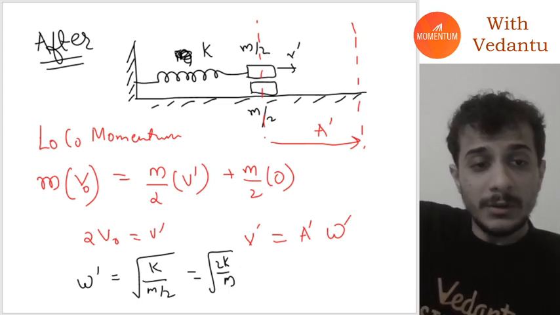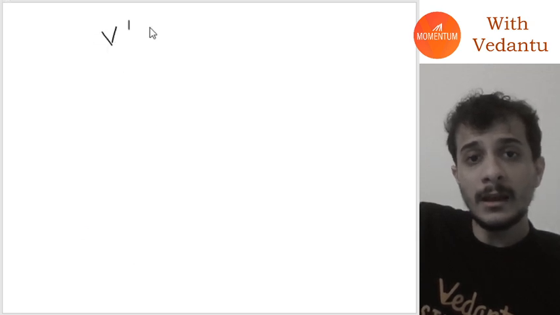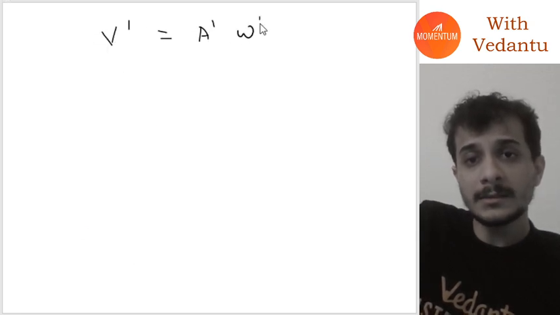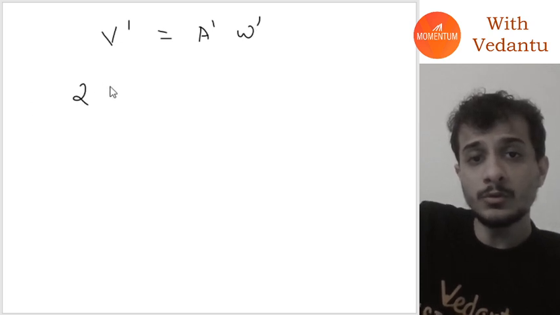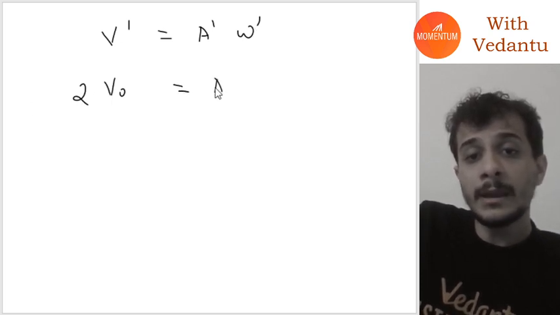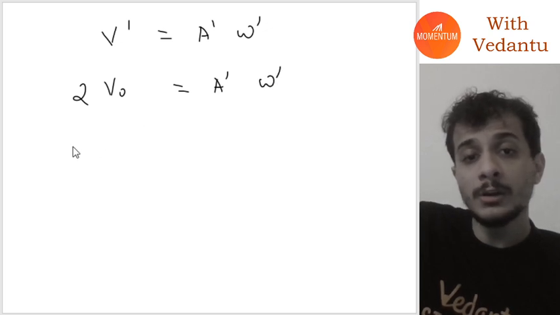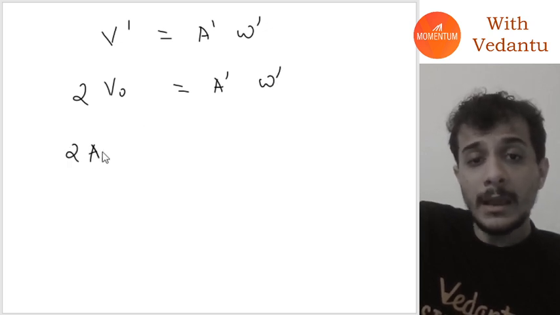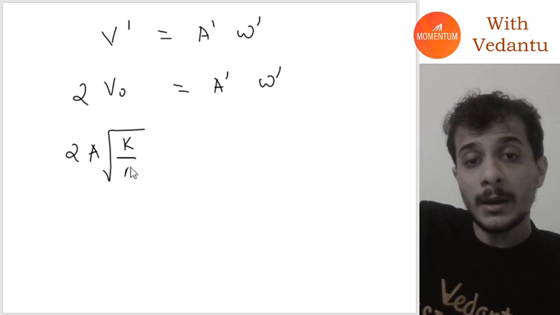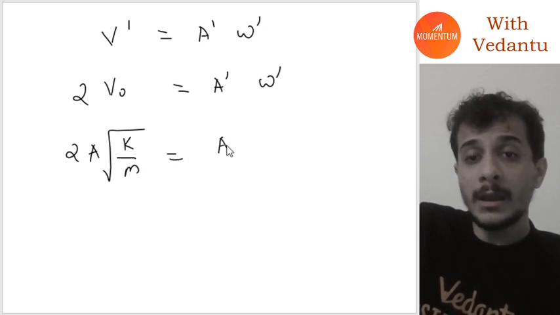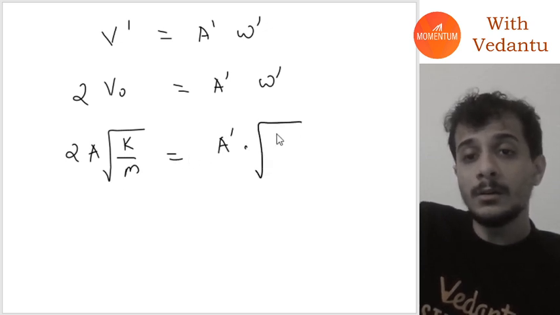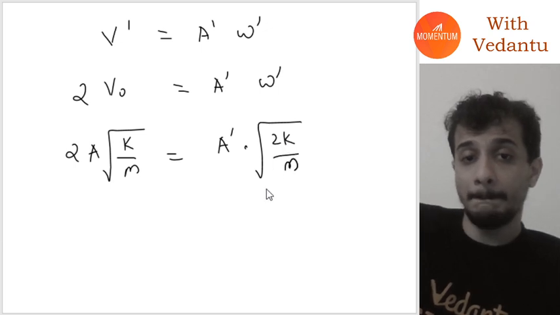So substituting everything, v dash is equal to a dash into omega dash. Let's substitute all the values: 2 into v naught is equal to a dash into omega dash, or 2 into a into under root k by m is equal to a dash into under root 2k by m.